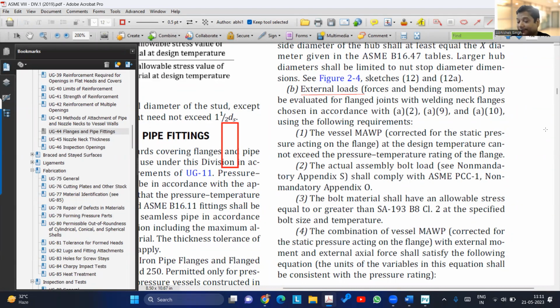For designing, I'll consider it as non-standard and use Mandatory Appendix 2, where I can take care of this external load also. I can apply the external loads for evaluating the flange. Right or wrong? Can I do that? Sumit, Uday.